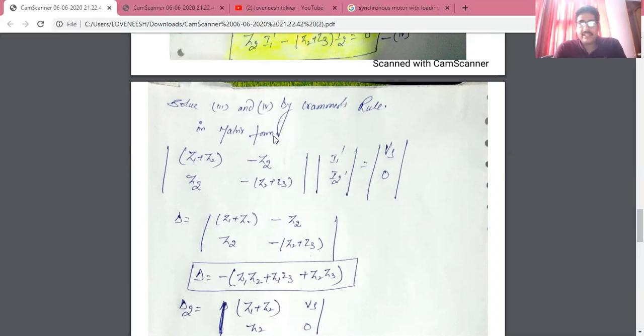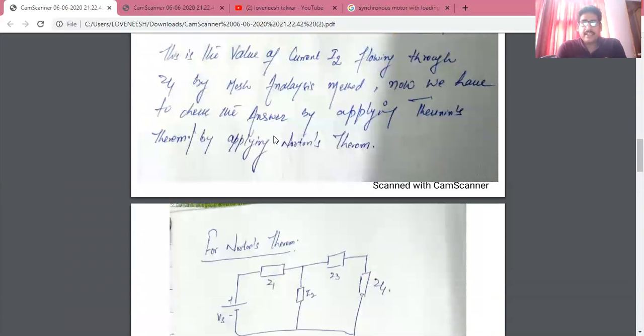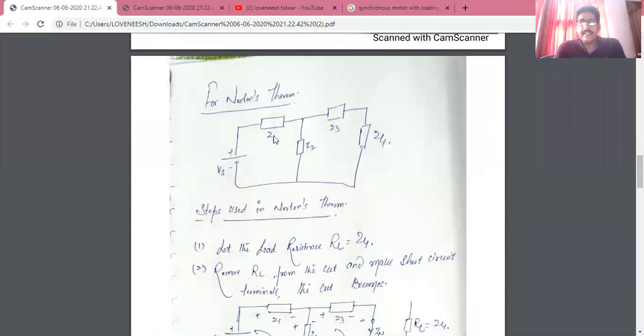Here you can see that for the Norton resistance, Z1 and Z2 are in parallel, which is in series with Z3. When two resistances are in parallel, we have Z1 Z2 upon Z1 plus Z2. The whole combination is in series with Z3. After that, you can calculate the value of Rn.